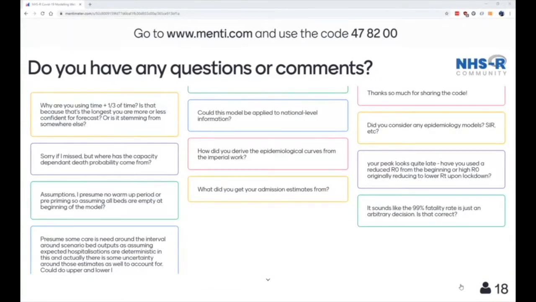So adding the 1/3 is just a way to allow the system to drain and for us to capture the behaviour of that. There probably is a much better way of doing this, but that seemed to capture most of the events.